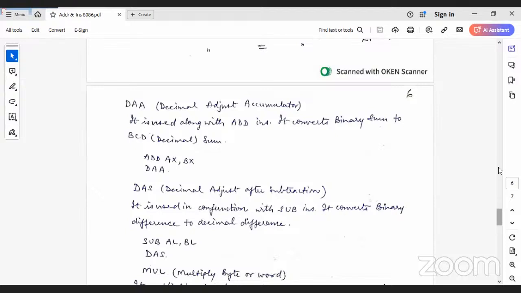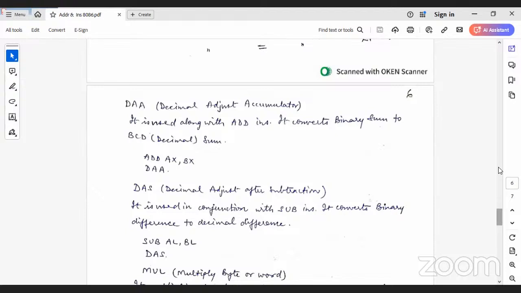Because when you are doing programming, you will do all the programming with the hexadecimal number system. Now, if you want to convert the hexadecimal result into decimal, then after the add instruction you have to use DAA. That means the sum which is in the hexadecimal number system will now appear in the BCD number system, where BCD is binary coded decimal, or your decimal number system.